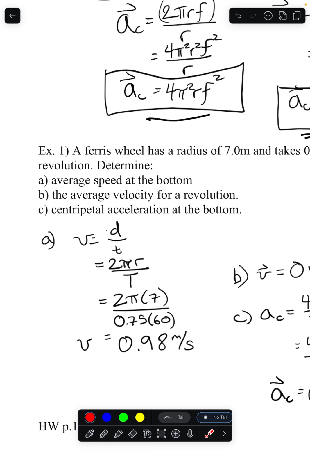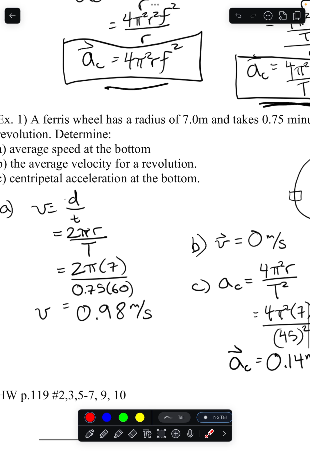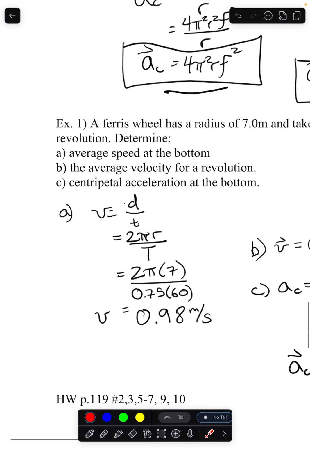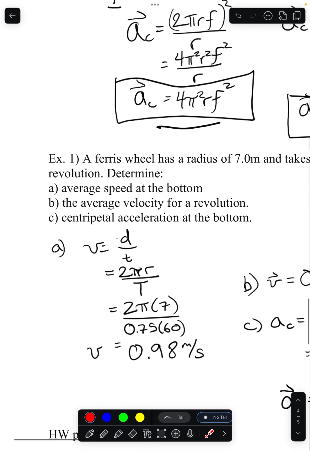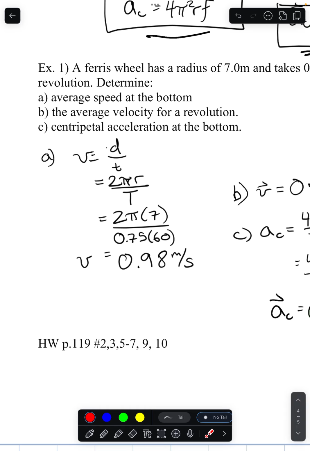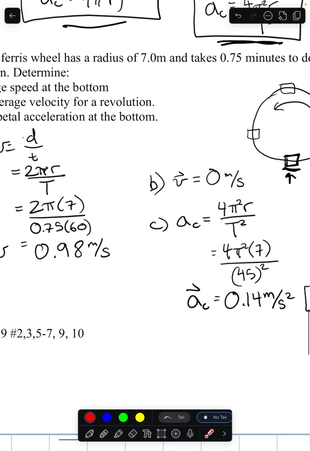Our d can be equal to 2 pi r, because we have our radius, and we have our time, so we can rewrite it as 2 times pi, which is 3.141592653, times 7, all over 0.75 times 60. If we put that into a calculator, we get 0.98 meters per second rounded. We're just not going to write the thousands of decimals behind it.